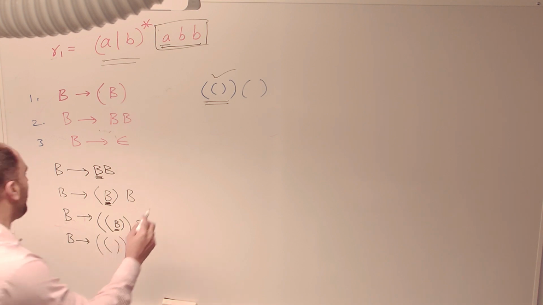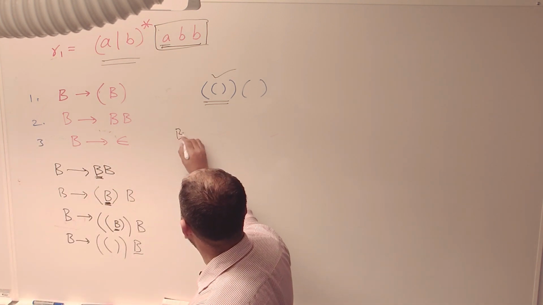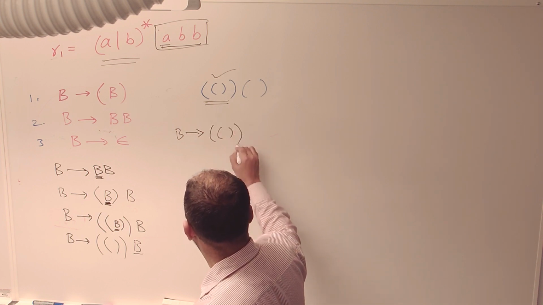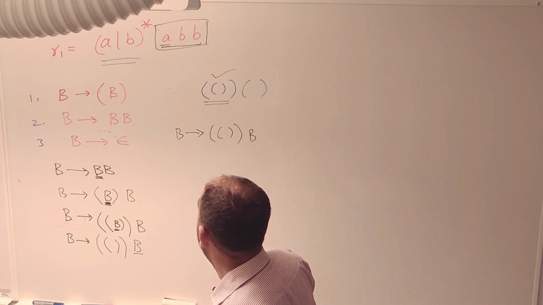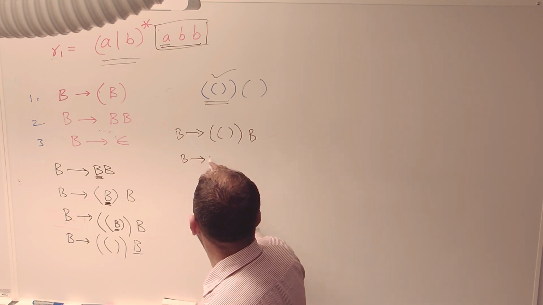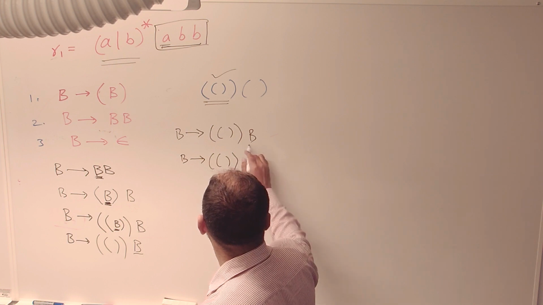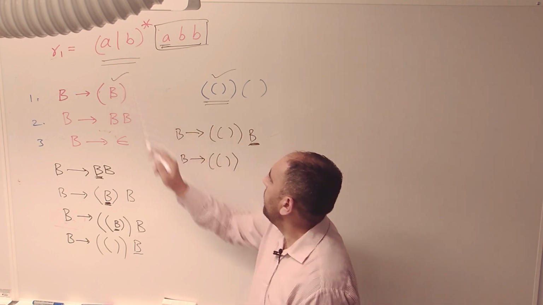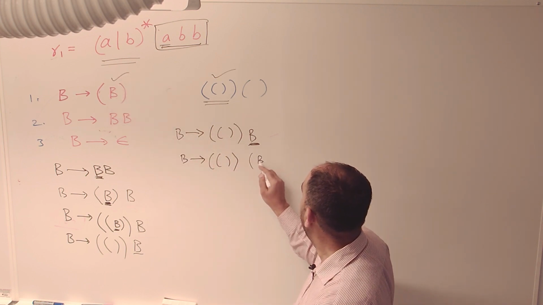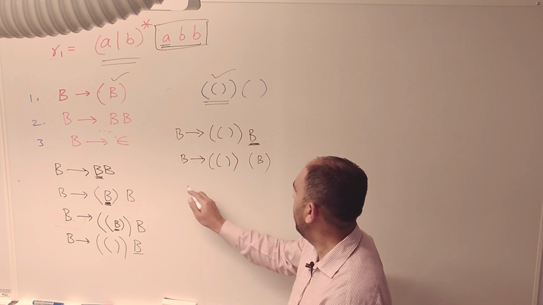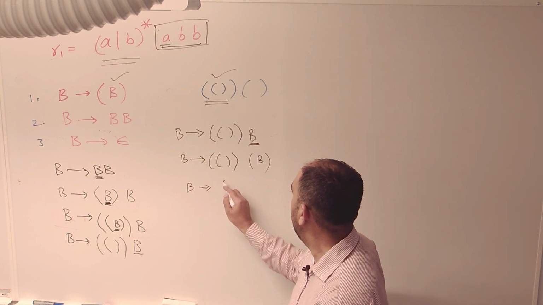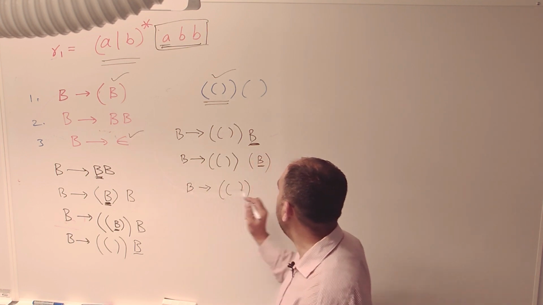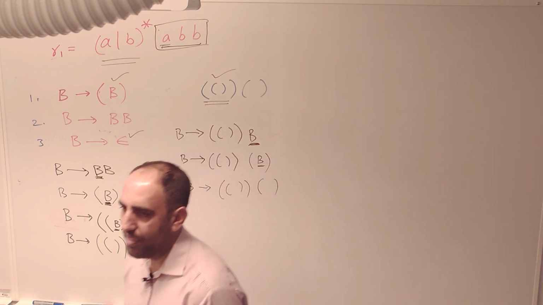And for this part, if I write it again over here, now if I replace this B with the rule 1, I will get this B. And now if I replace this B with the rule number 3, I get that.